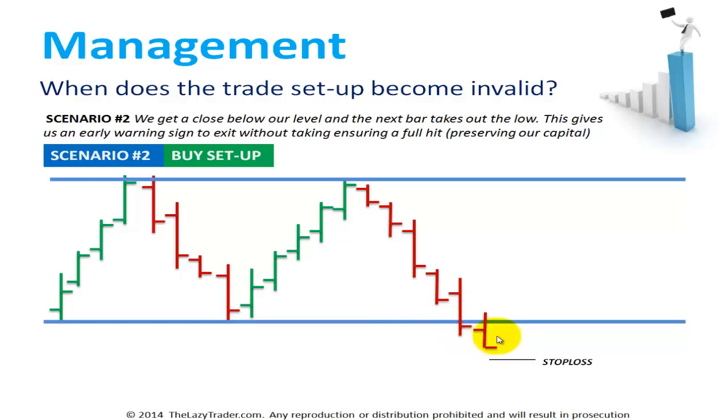What we can do then is exit early at the point where the low of the bar which closed below the level is breached. So we can exit early without taking a full hit, and this is very powerful in preserving capital long term. It gives us a very accurate, well tried and tested warning mechanism to get us out of what is essentially a dud setup.